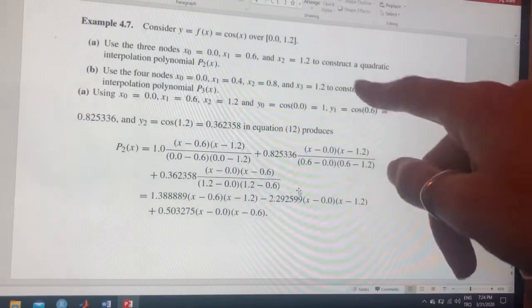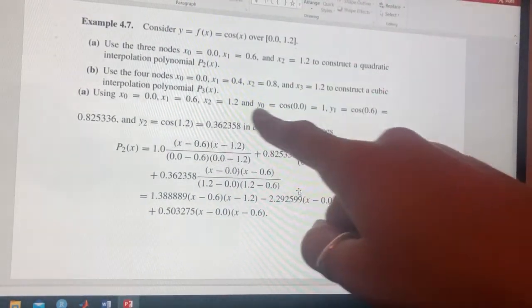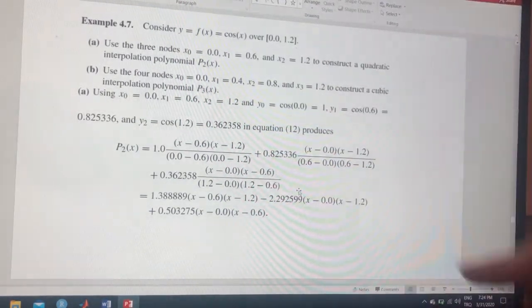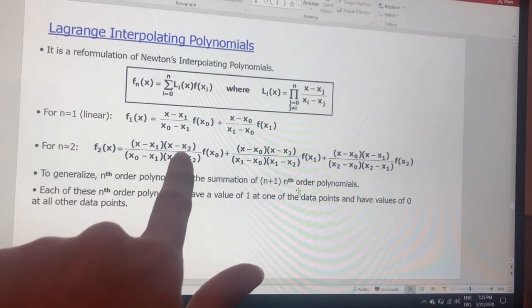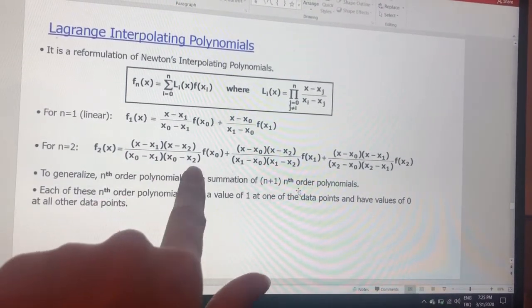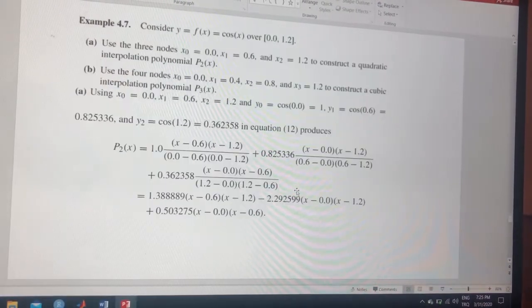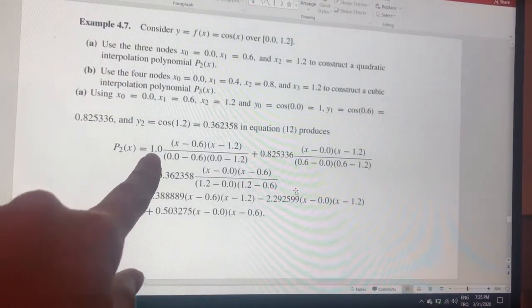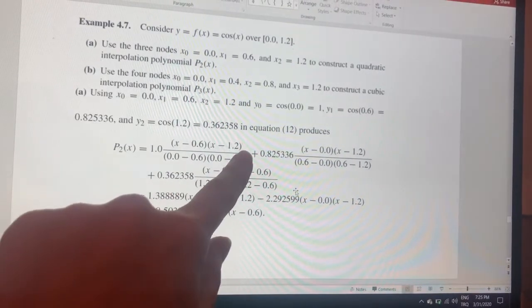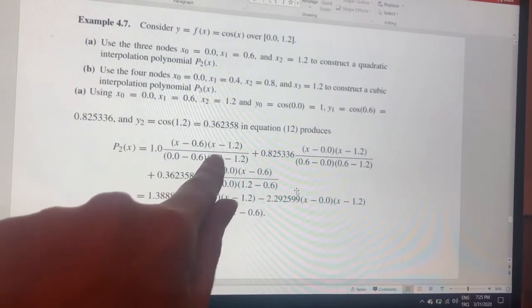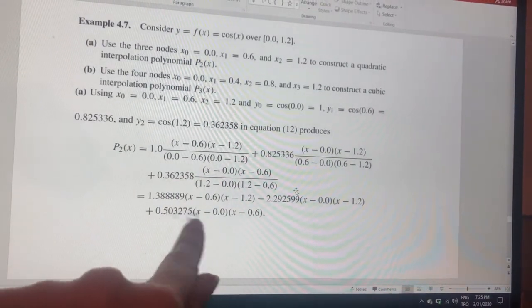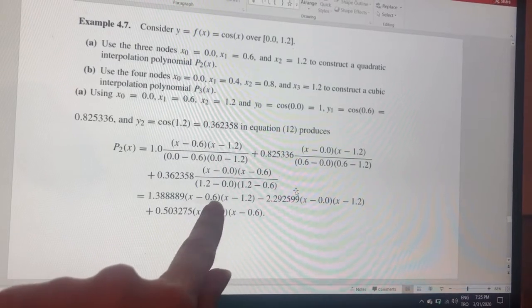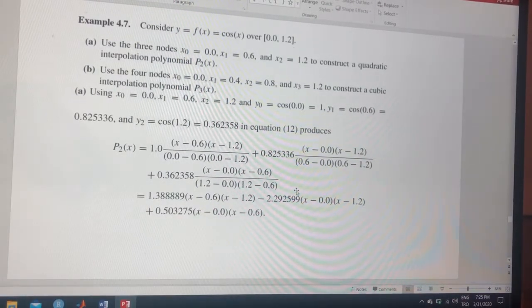So what you need is f of x0, f of x1, f of x2 here, and the formula was given in there, f of x0, (x minus x1), (x minus x2), and in the denominator, it's coming as a difference from the x0, so that's why f of x0, (x minus x1), (x minus x2), over (x0 minus x1), (x0 minus x2), then f of x1, and similarly it's going like that, so that you can write the equation here. Since x squared terms will be coming, this is a quadratic Lagrangian equation.